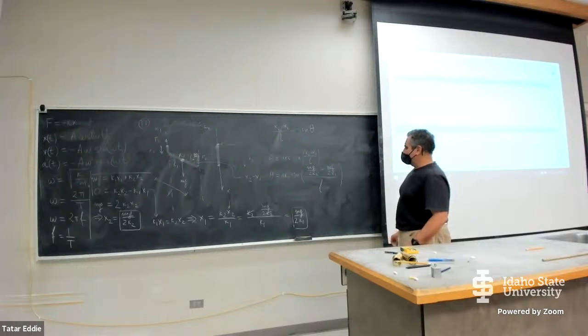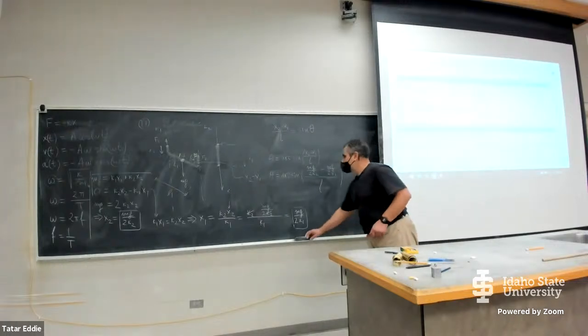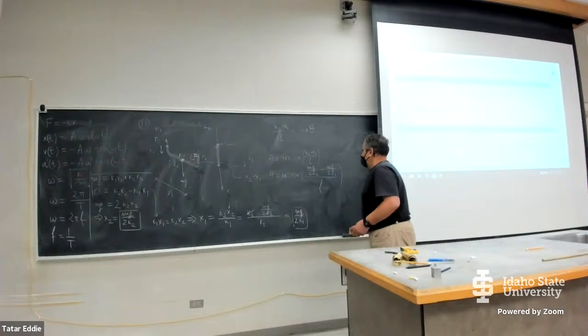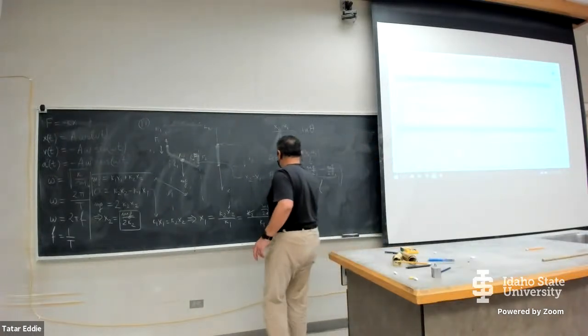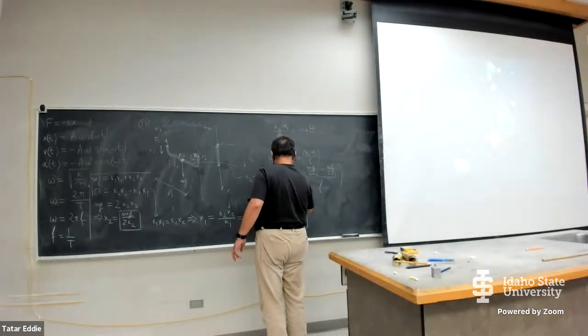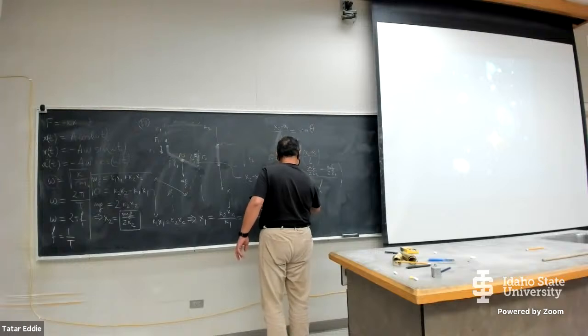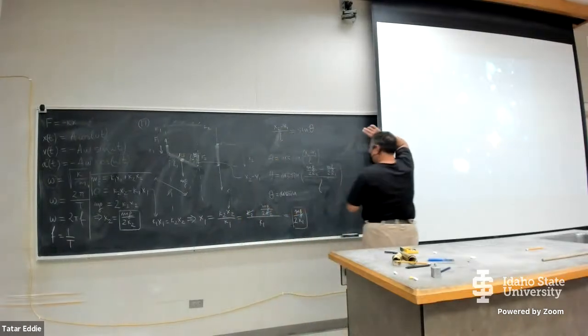In other words, you can factor out the mg, and you're going to get that theta is equal to arc sine. So how can you simplify this?